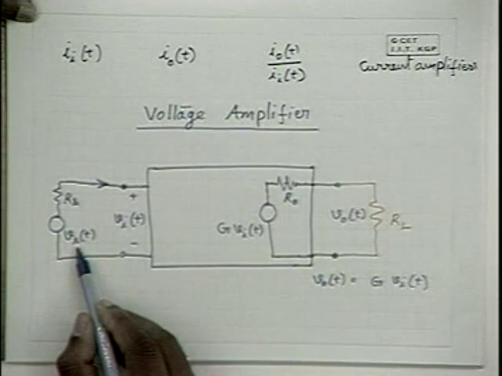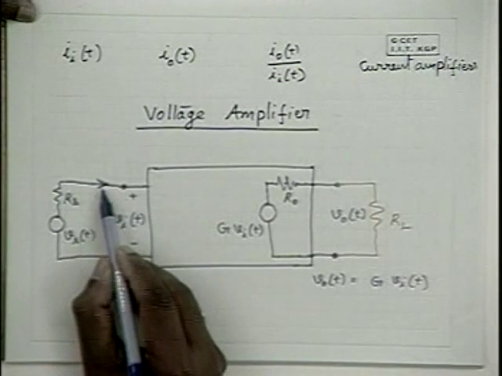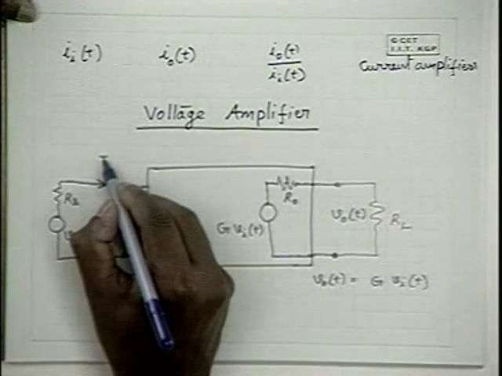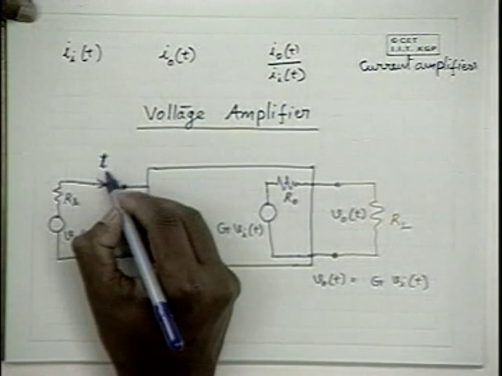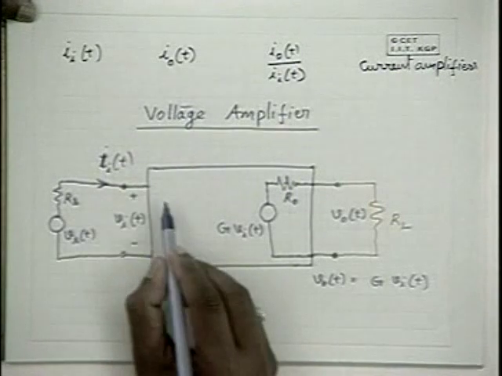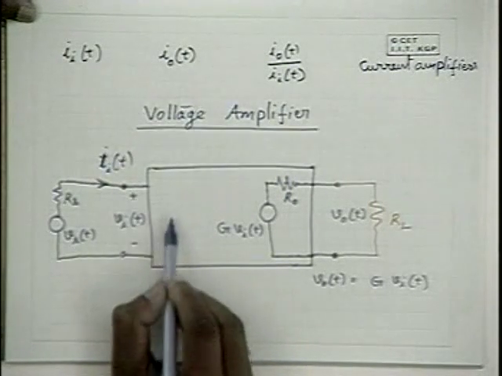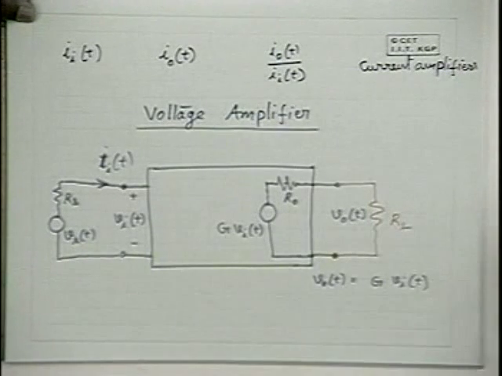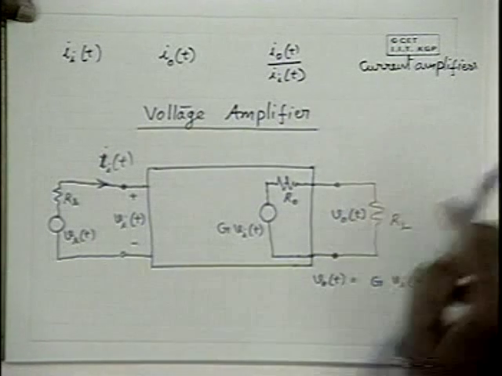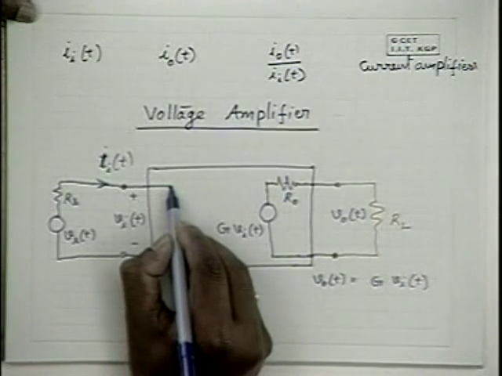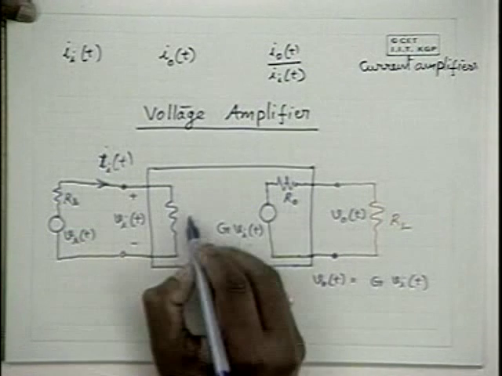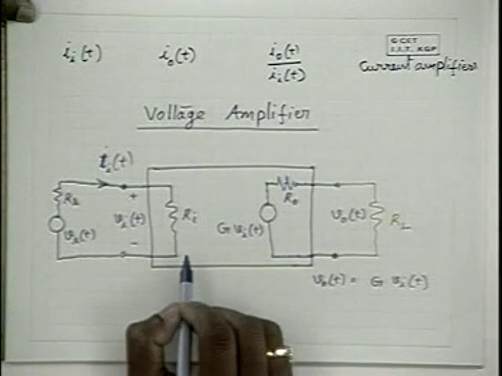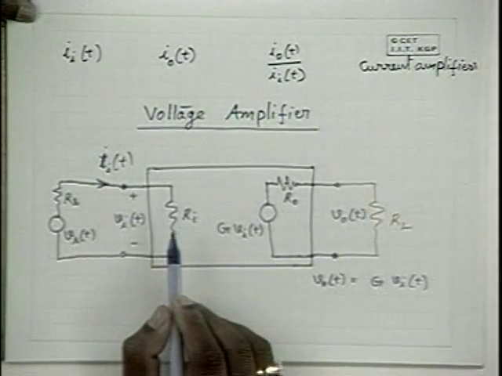It naturally depends on how much current is drawn from the source, and that depends on how much the amplifier loads the source. Therefore, as far as the input side is concerned, the amplifier acts like some load resistance to the input source.